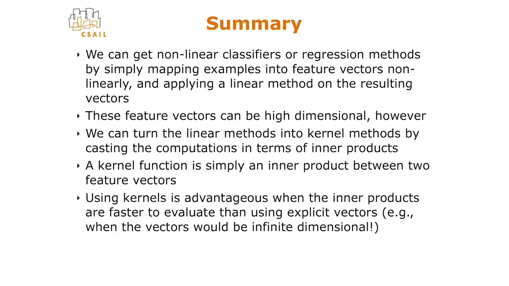And we can collapse those computations by operating implicitly in the feature representations with the help of kernel functions. And one kernel function, the radial basis kernel, is particularly powerful because it is easy to evaluate, but it corresponds to infinite dimensional feature vectors that we could not operate on explicitly, but we can operate through the kernel function quite well.